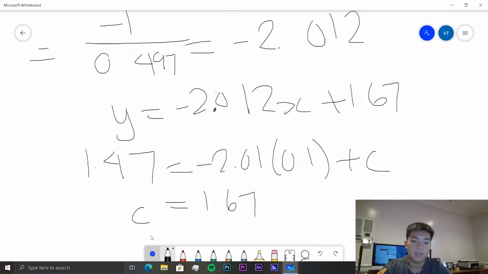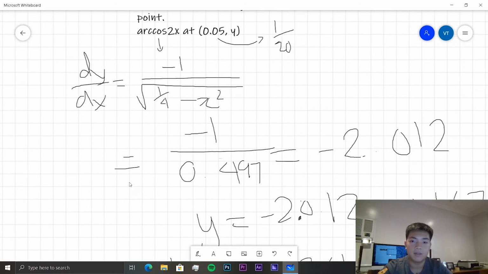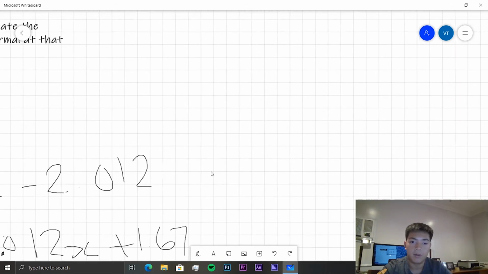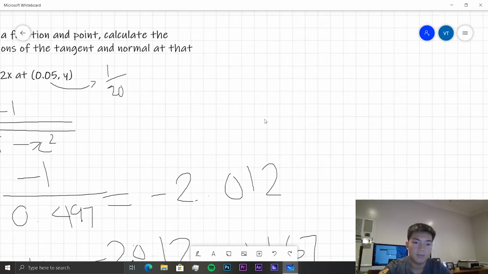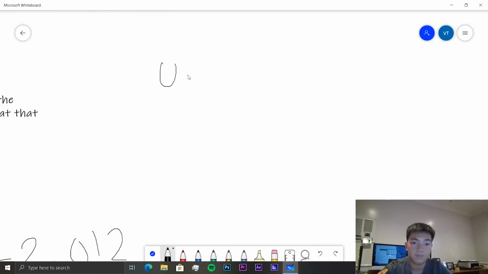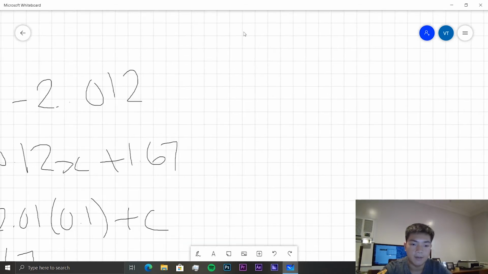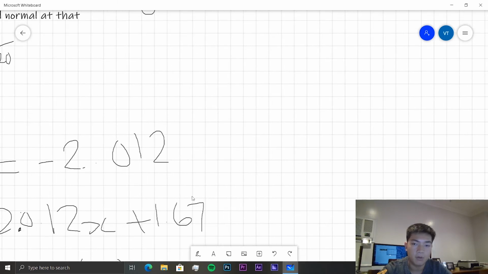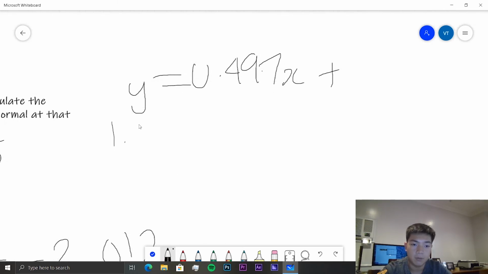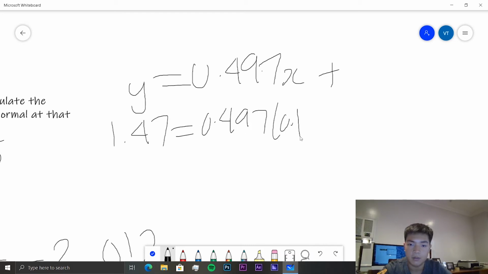And for the normal, we have 1 over this value, so this is simply 0.497. So we have y is equal to 0.497x plus c, and again, our value 1.47 has to be on this line. So 1.47 is equal to 0.497 times 0.1 plus c.